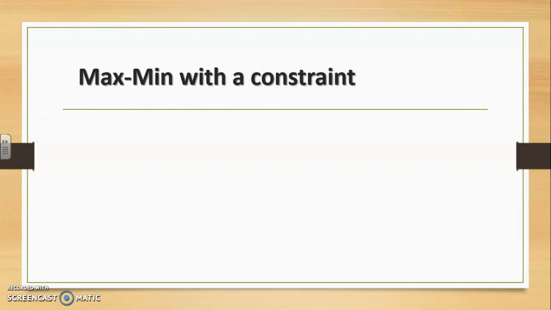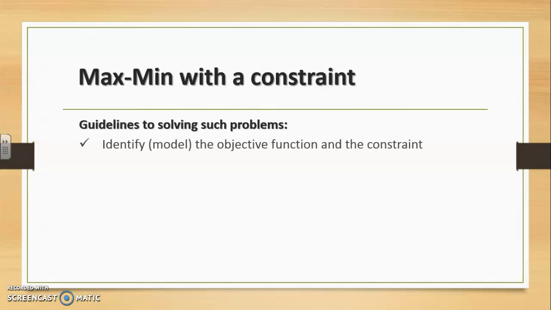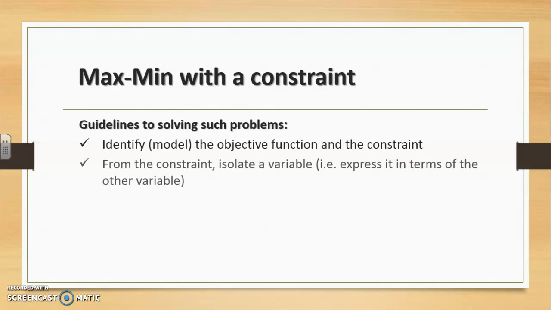So here are max-min situations and guidelines we can follow when constraints are imposed. So firstly, you're going to have to identify and possibly model the objective function and the constraint. Starting from the constraint, isolate a variable, that is, express it in terms of the other variable or variables.